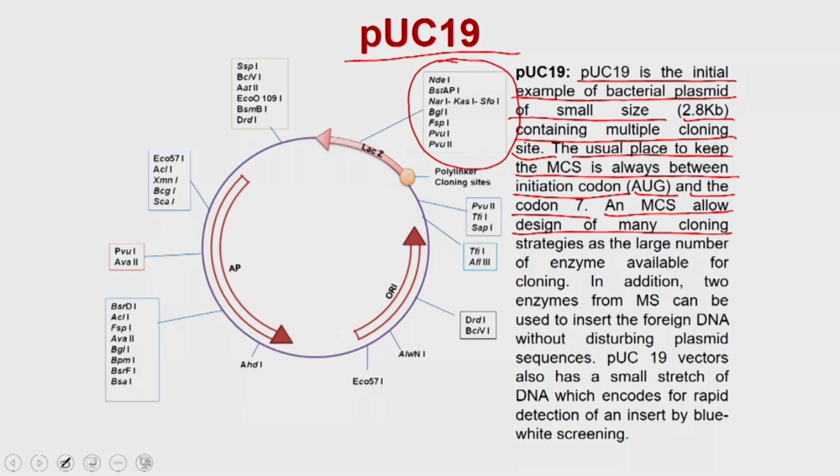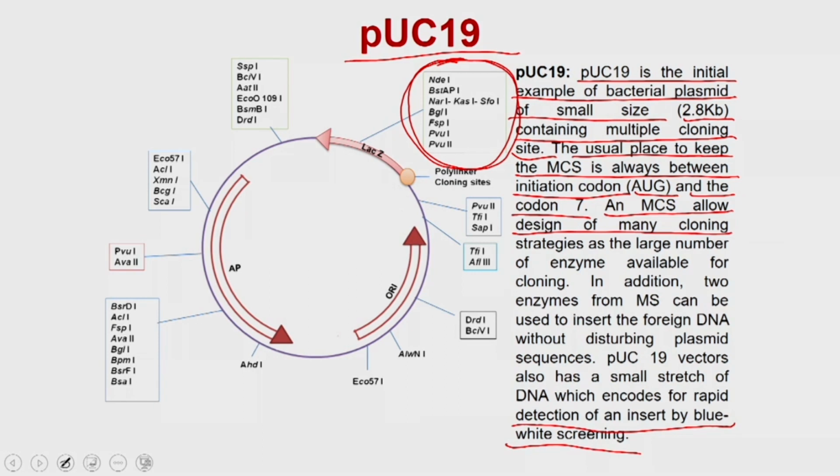So you have multiple cloning sites which you can use, and because it also has a restriction enzyme site within the lacZ gene, you can use it for rapid detection by blue white screening, which we are going to discuss in the subsequent lecture.